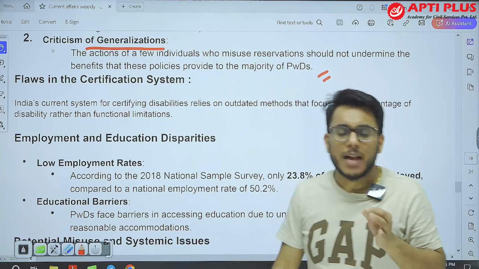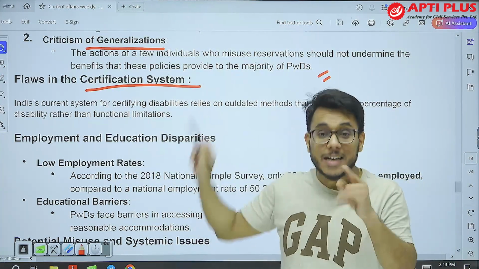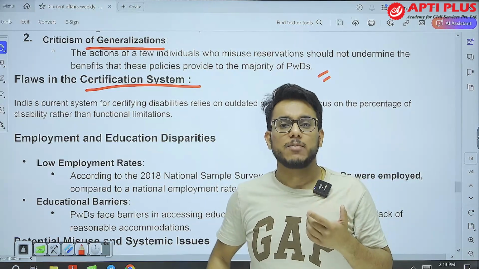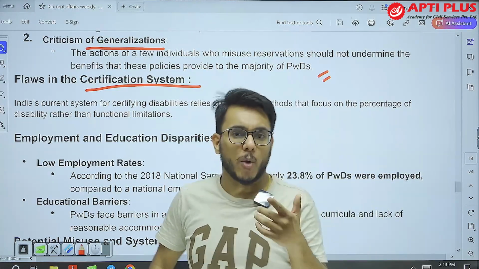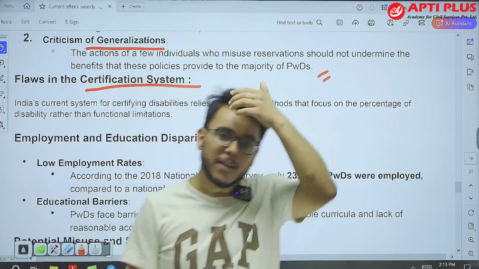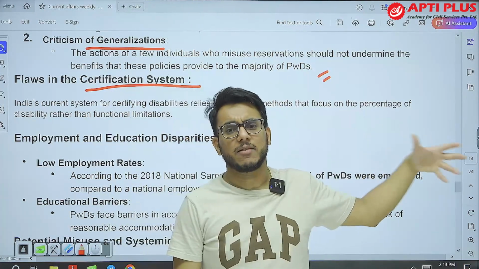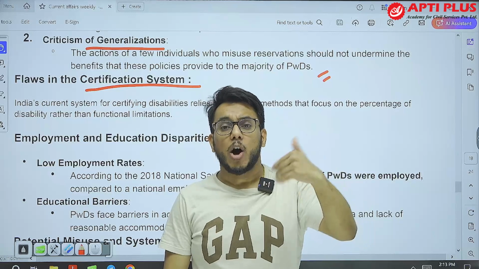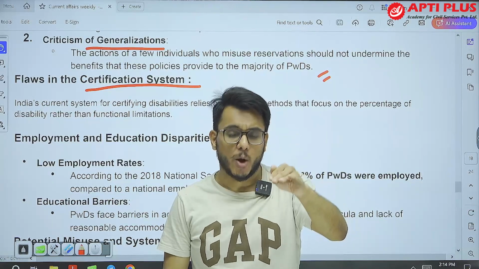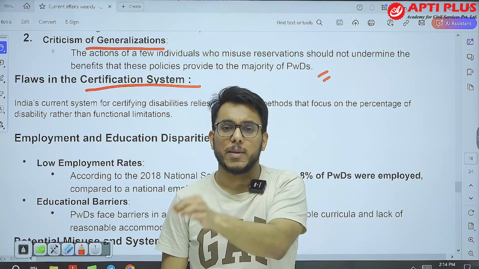Rather, the problem is in the certification system. The reservation policy is not problematic, the certification that is being given is. In the case we just mentioned, authorities were not able to certify properly whether this person should be given it or not.